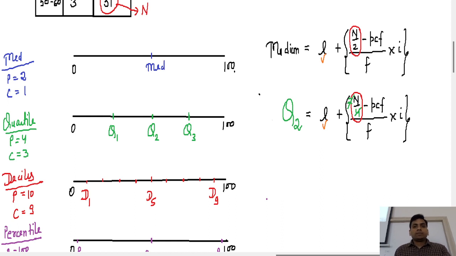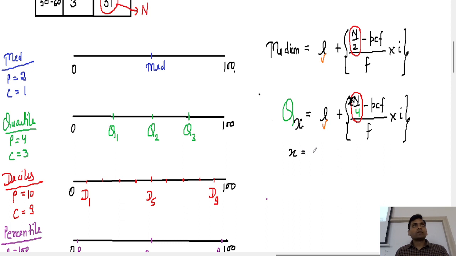So for the general quartile formula, what we will write? We will write Qx, and we will put x here, x n upon 4. Clear? Where x is equal to what?